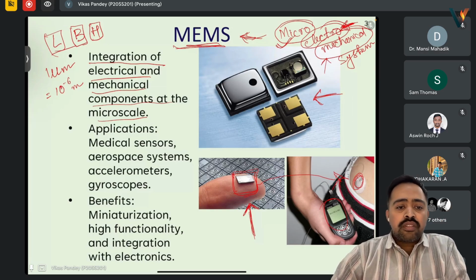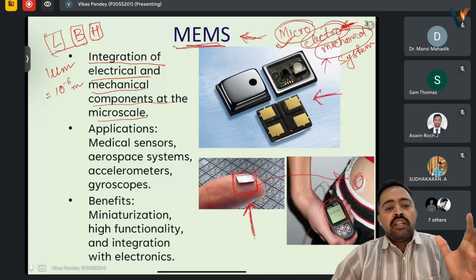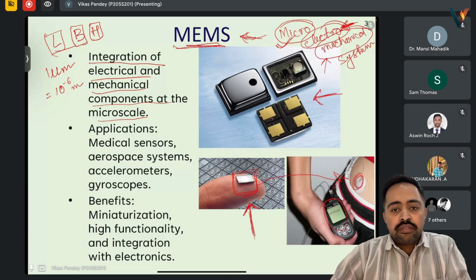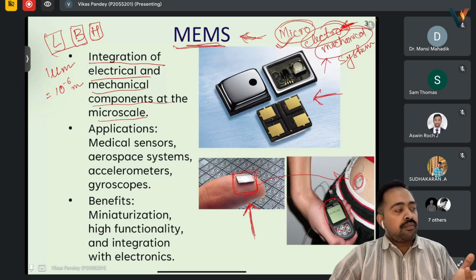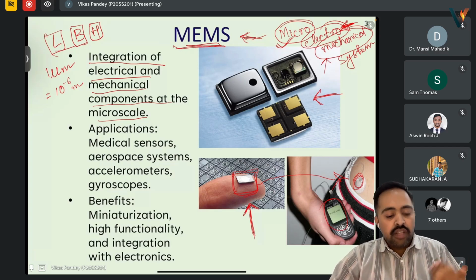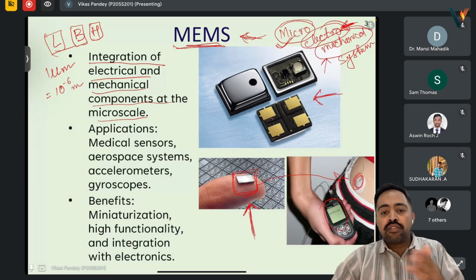As well as that, most of your phones nowadays have gyroscopes and accelerometers. When we navigate somewhere via Google Maps or any other maps, we are able to see which direction we are going.